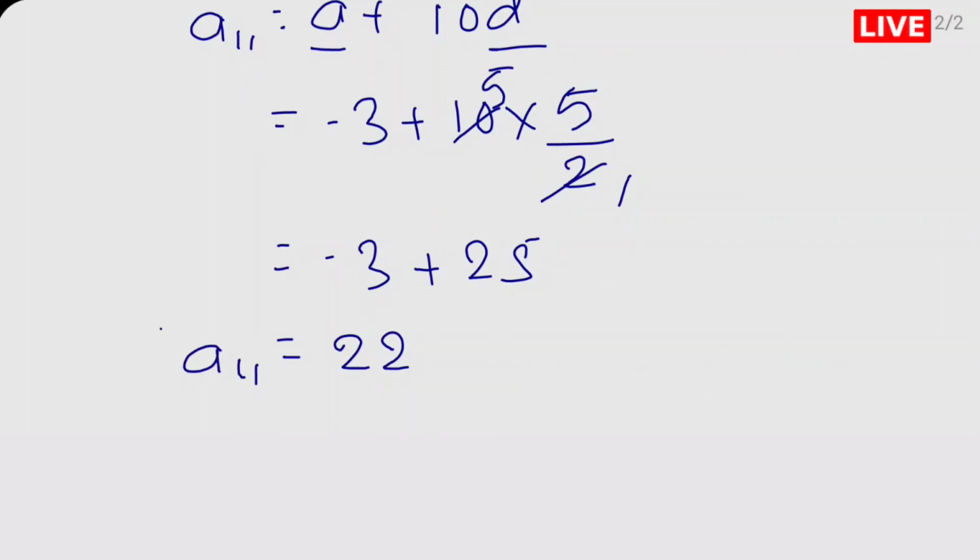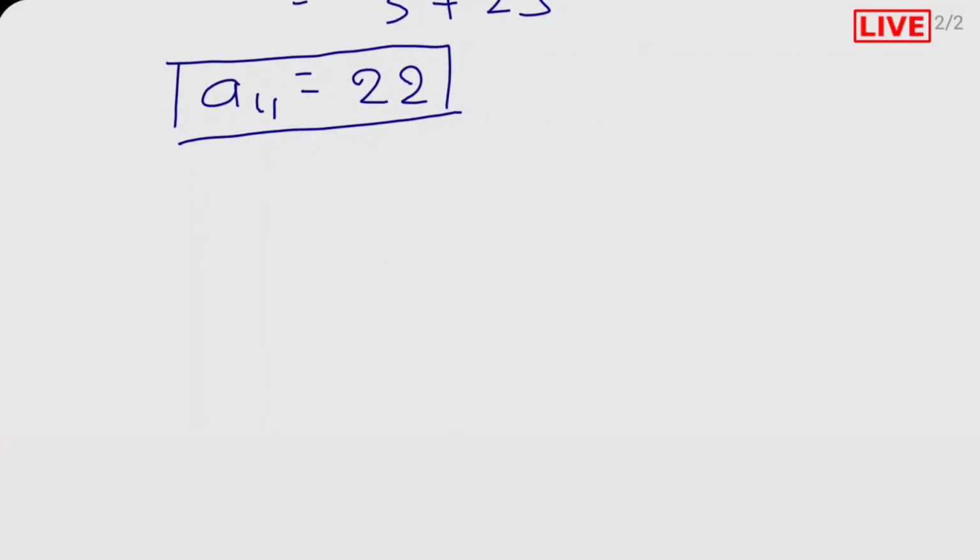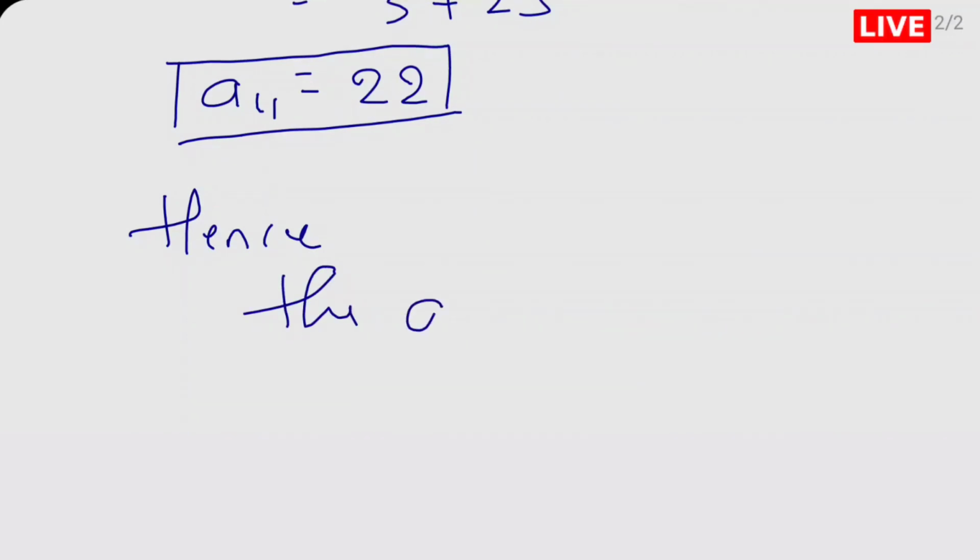So A11 is 22. The 11th term of this AP is 22. So option B is correct. So write down the conclusion here. Hence, the answer is B, that is 22. Is it clear?